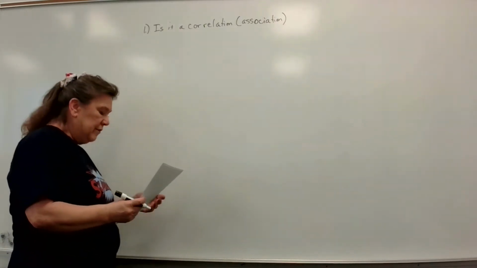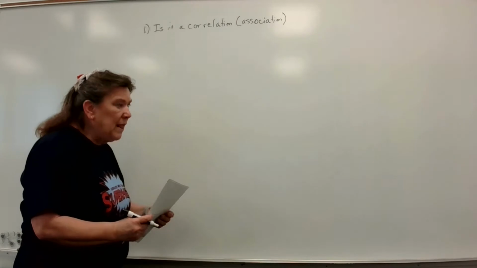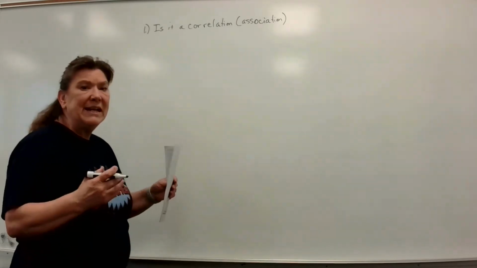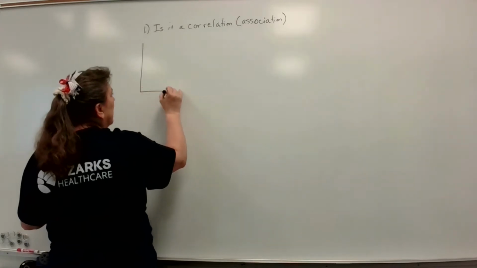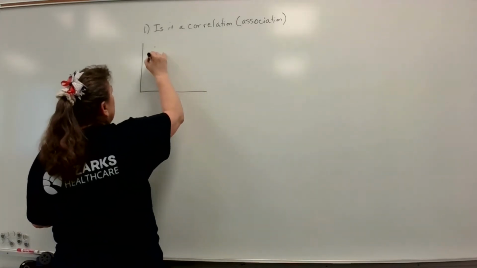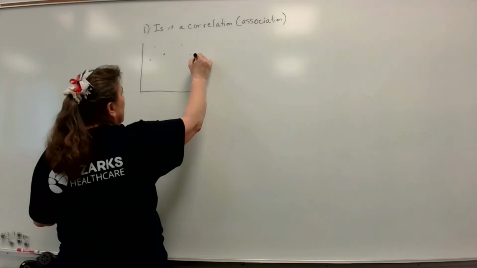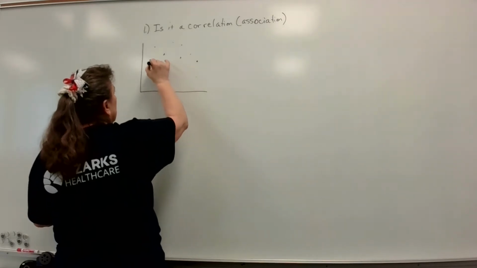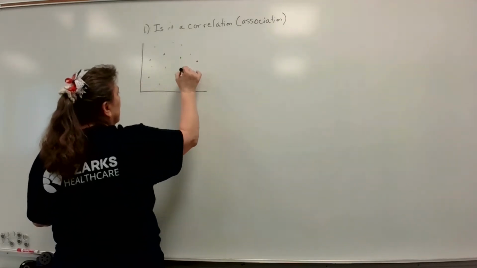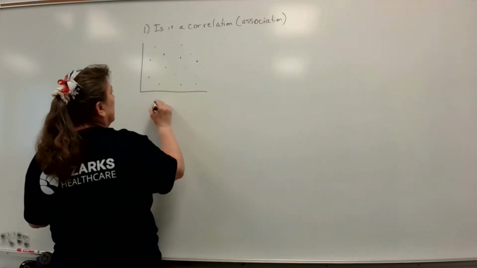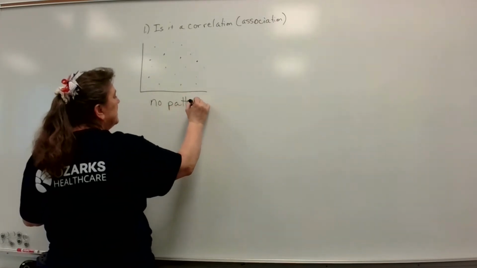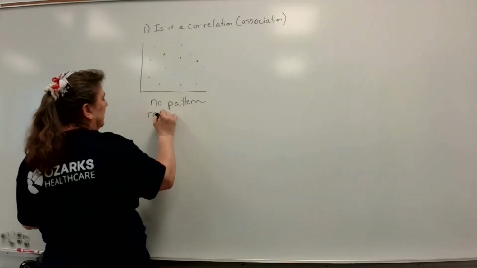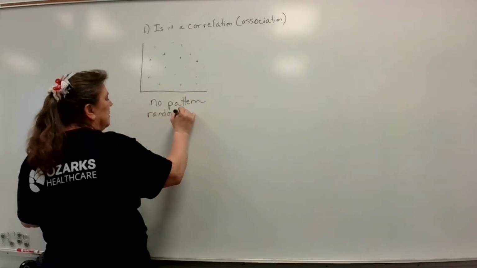Well, first of all, we know it's a correlation if it comes together into some form of a line. So if we have dots scattered all over the place like this with no obvious pattern to them, this has no pattern, it's randomly scattered. Okay?